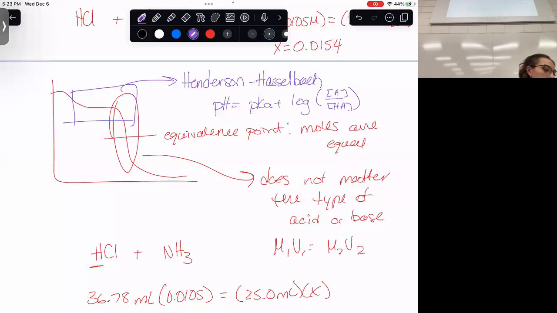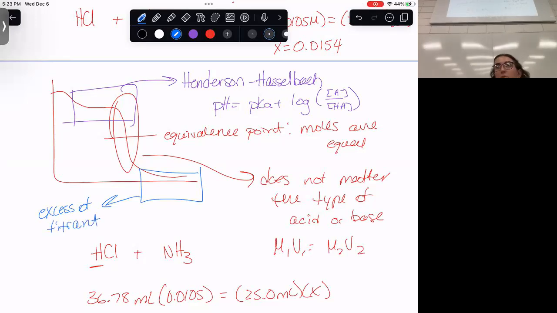And then in this region here, what do we use? Yep, this is just the excess of what is it that you're being added to? Titrant. Whether that be the acid or the base, you're just looking at how much extra you have, and then you use an ice table.